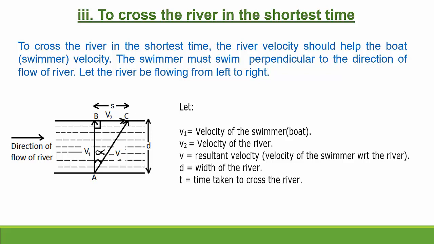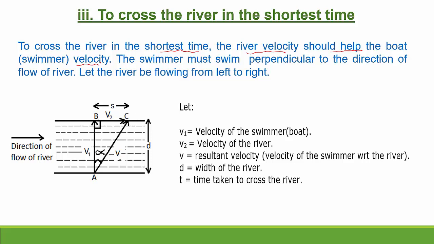Yes, here to cross the river in the shortest time, the river velocity should help the boat or the swimmer velocity. See here, the river is flowing. The velocity of the river helps the swimmer to reach another side of the river in the shortest time.